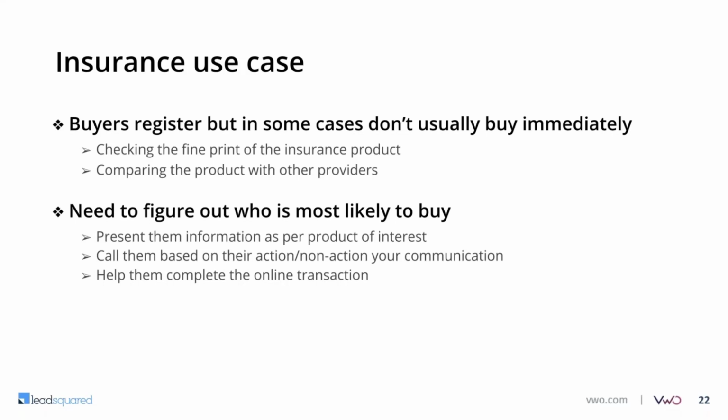So that again works. You don't have to call everyone. You just have to focus on the smaller set of prospects or the customer set which is more interested to buy from you, versus everybody out there who's maybe just window shopping for that matter.